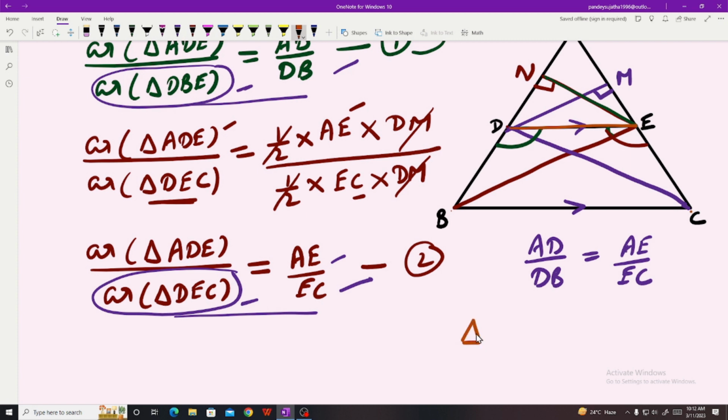So I'm writing here: triangle DBE and triangle DEC both have the common base, that is DE. And just observe this also, the triangles DBE and DEC lie between the same parallels.